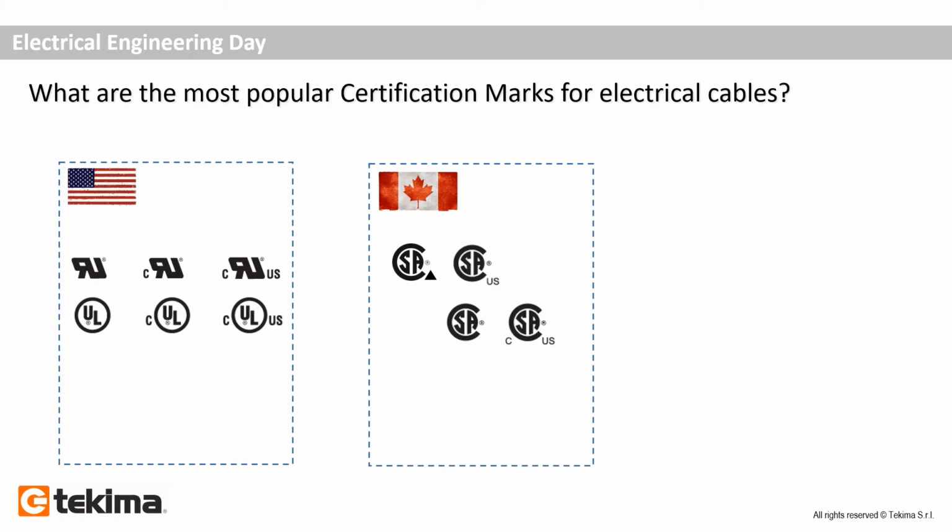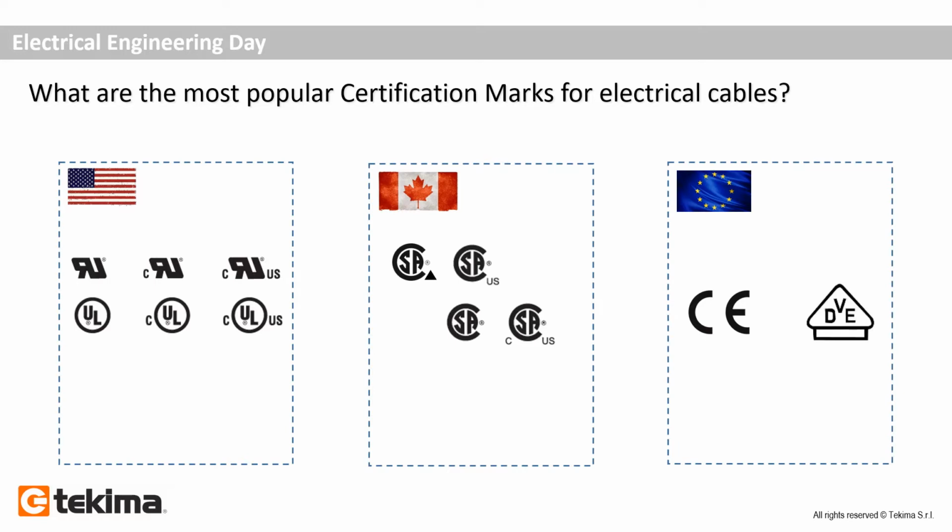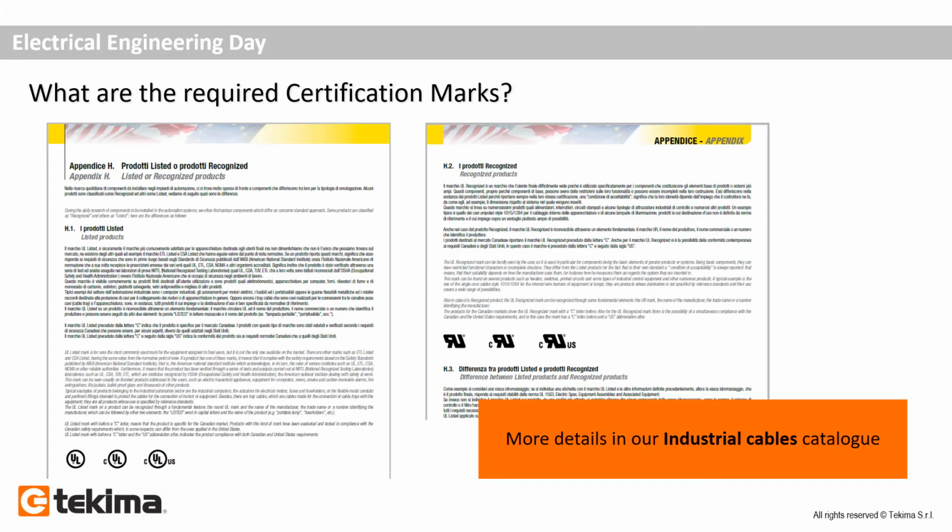In the center of the slide, the most common in Canada, and on the right, the most common ones in Europe, like CE or VDE. We saw from the previous slides that there are two important types of product markings in North America: listed product and recognized product.